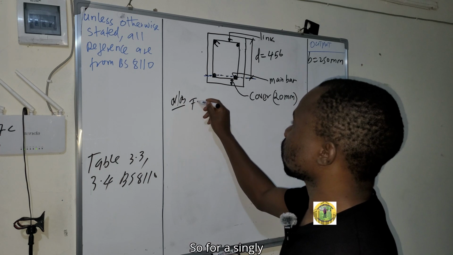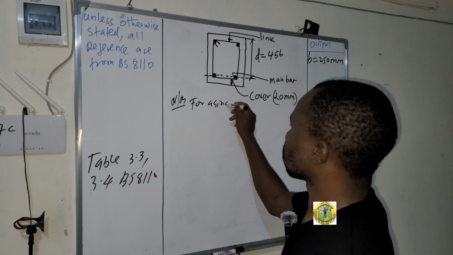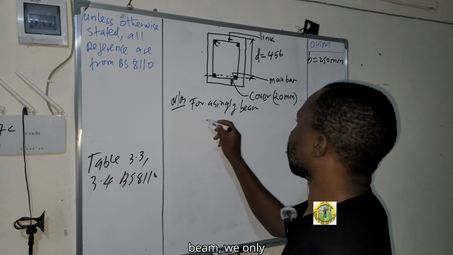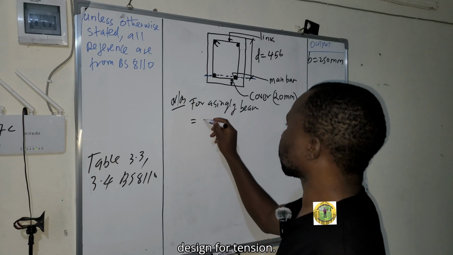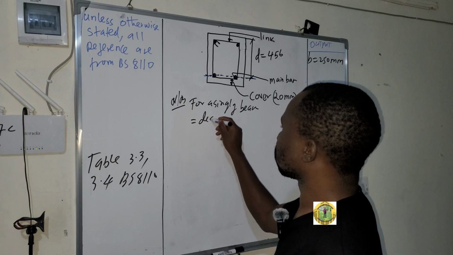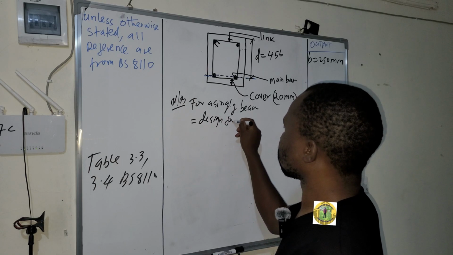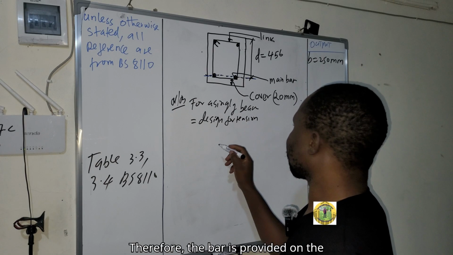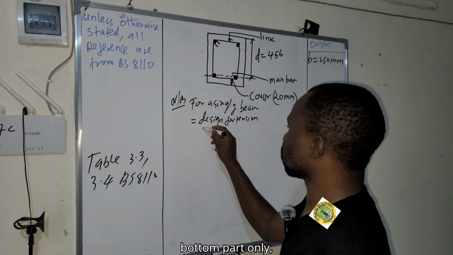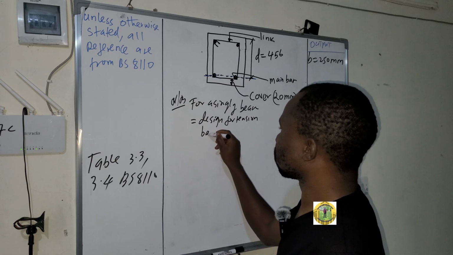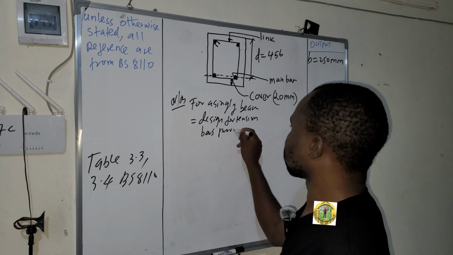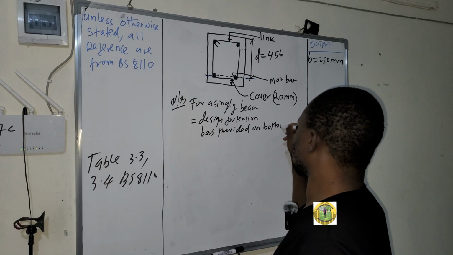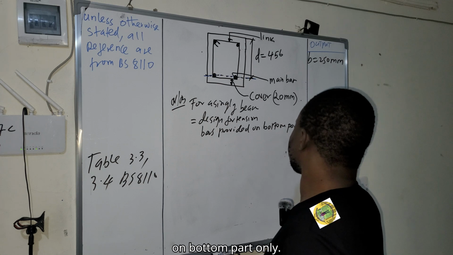So for a singly reinforced beam, we only design for tension. Therefore, the bar is provided on the bottom part only.